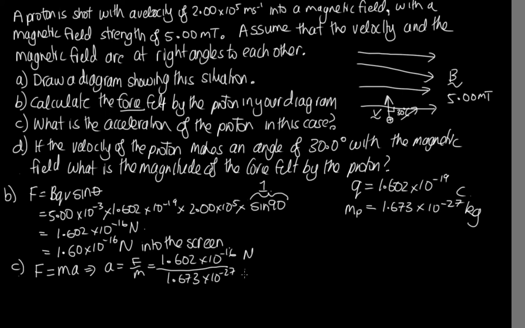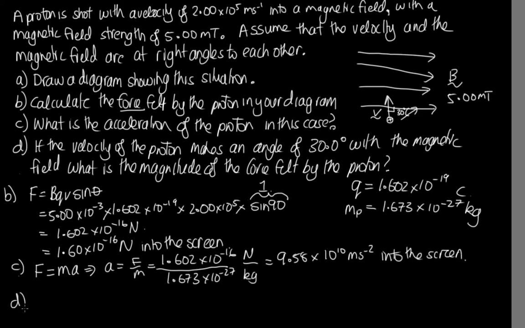This was newtons, this is kilograms. So even though this force seems really small, the mass of the proton is absolutely tiny. So solving this on the calculator, we get 9.58 times 10 to the 10 meters per second squared, and this is going to have the same direction as the force, so it's going to be into the screen.